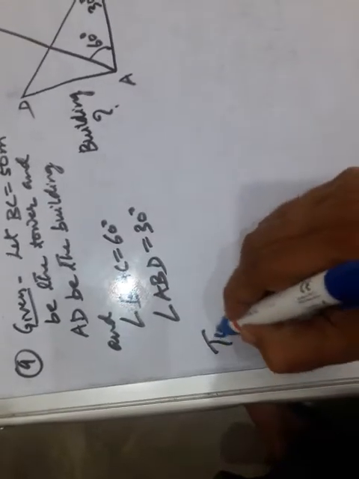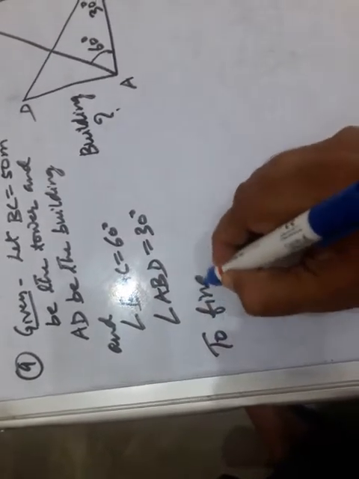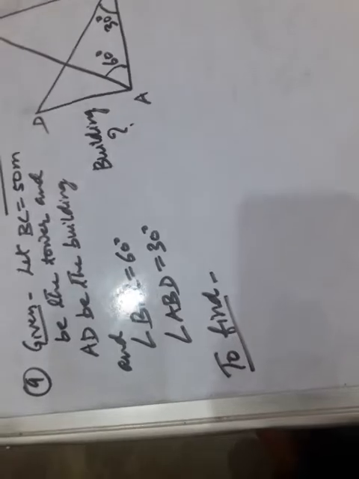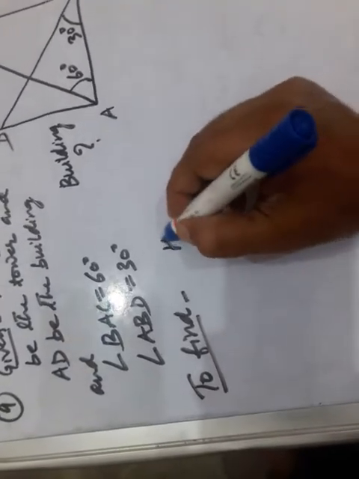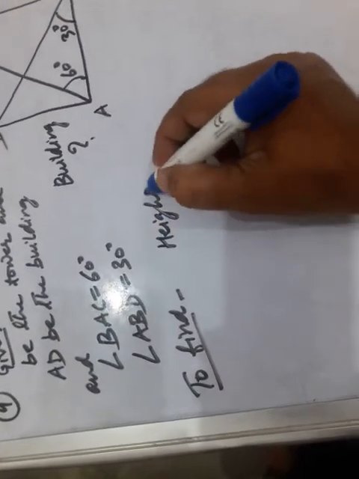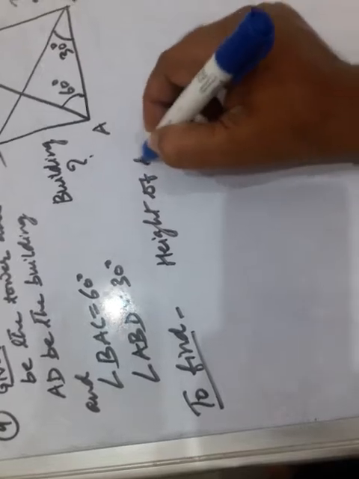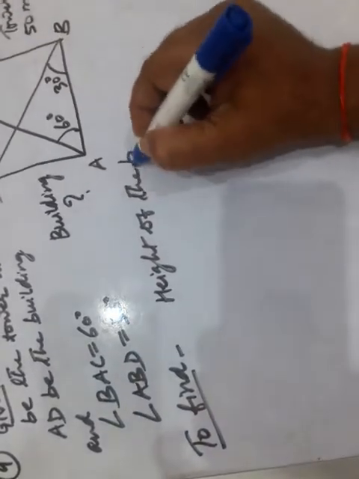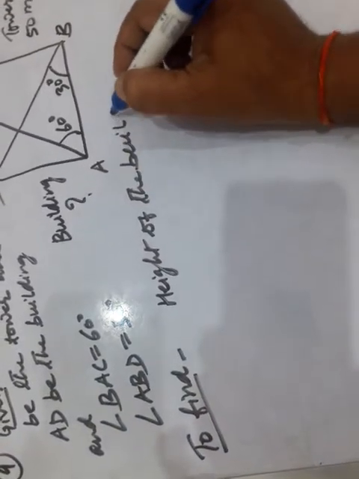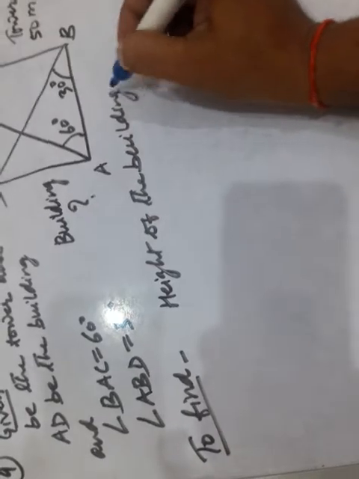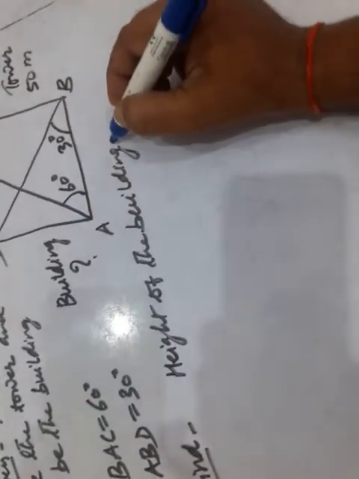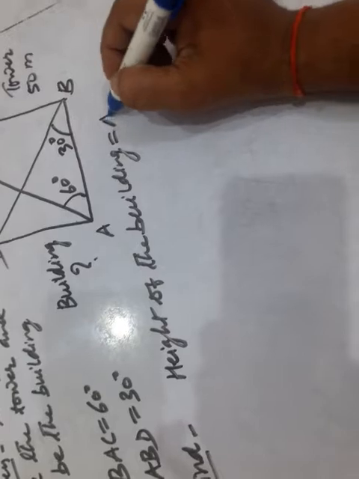What we have to find? We have to find the height of the building. Height of the building equals what? That is AD. AD equal to question mark has to be found. Clear?